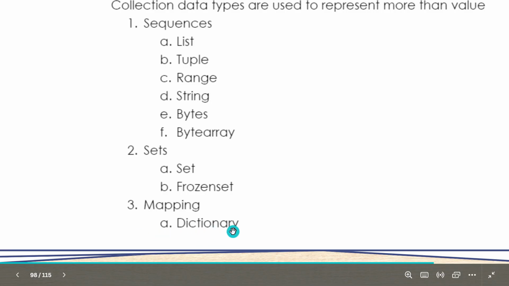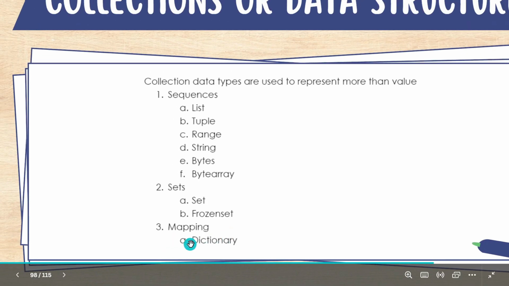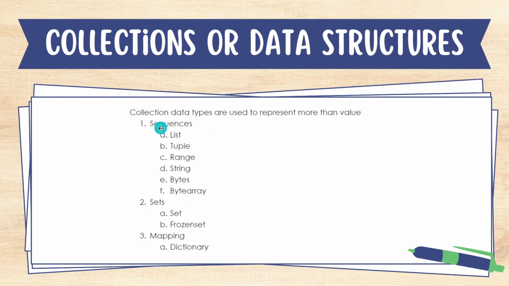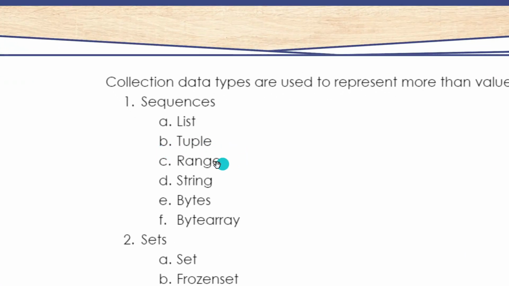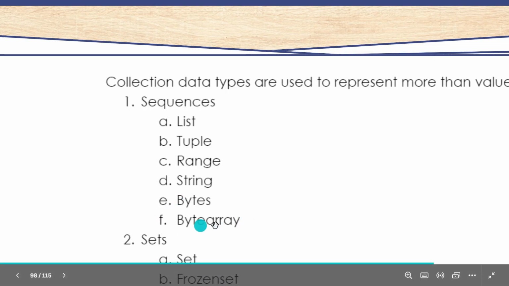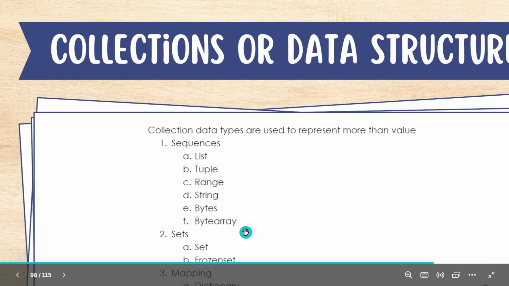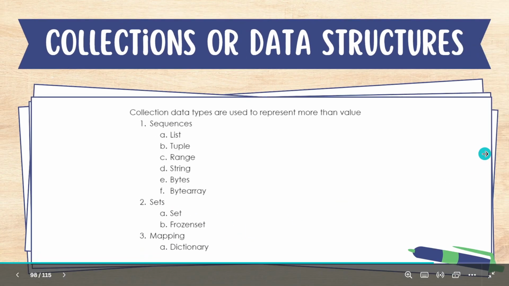Dictionary is a mapping collection. Frozen set is a set collection. Set is a set collection. List is a sequence collection. Tuple is a sequence collection. Range is a sequence collection. String is a sequence collection. Bytes is a sequence collection. Byte array is also a sequence collection, right?